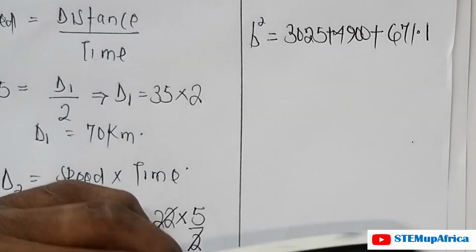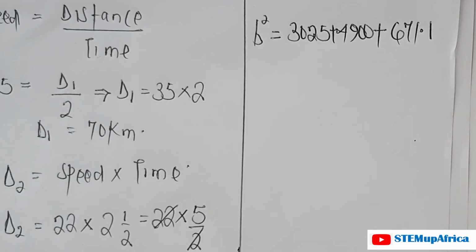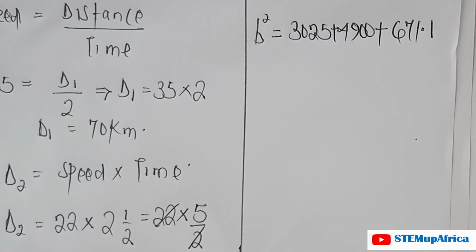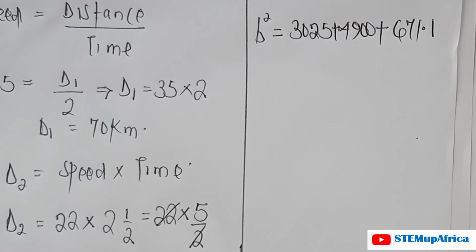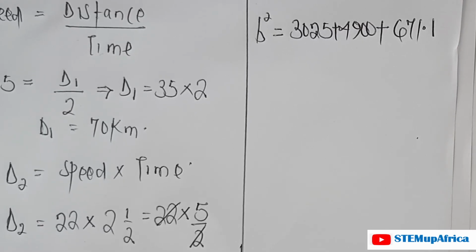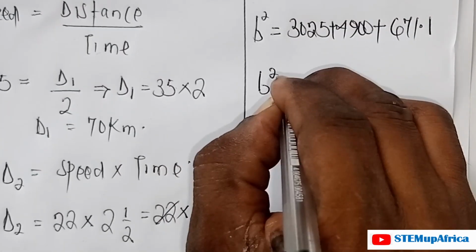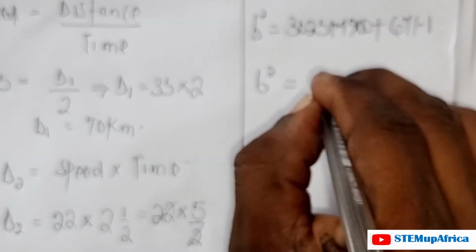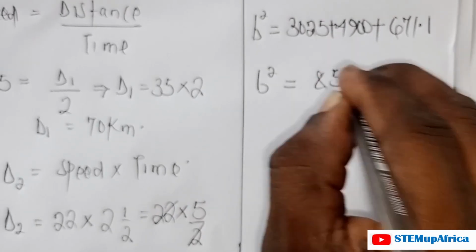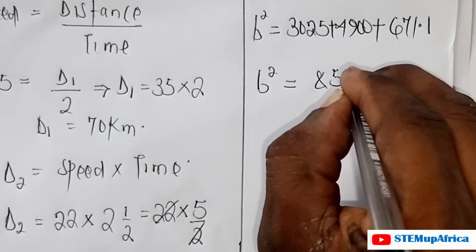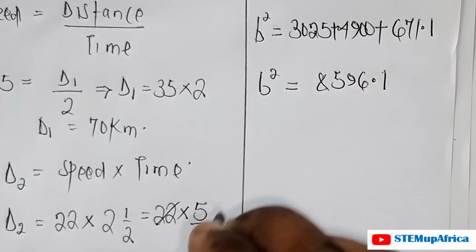So we can add everything up. Our b squared will give us 8596.1.